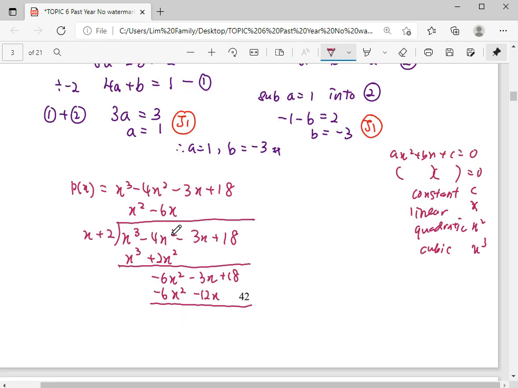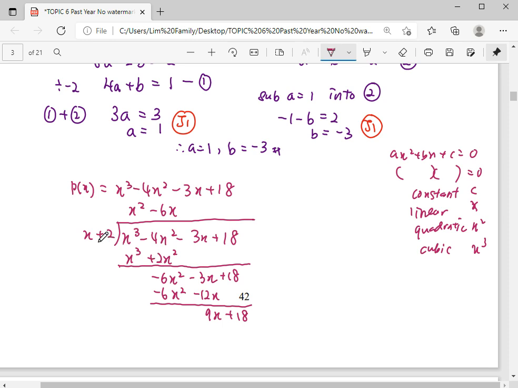Then we minus, we see the balance here. You will notice our first term should be equal to 0. You must be able to divide it finish. So from here, negative 3 minus negative 12 becomes positive 9x, then 18.